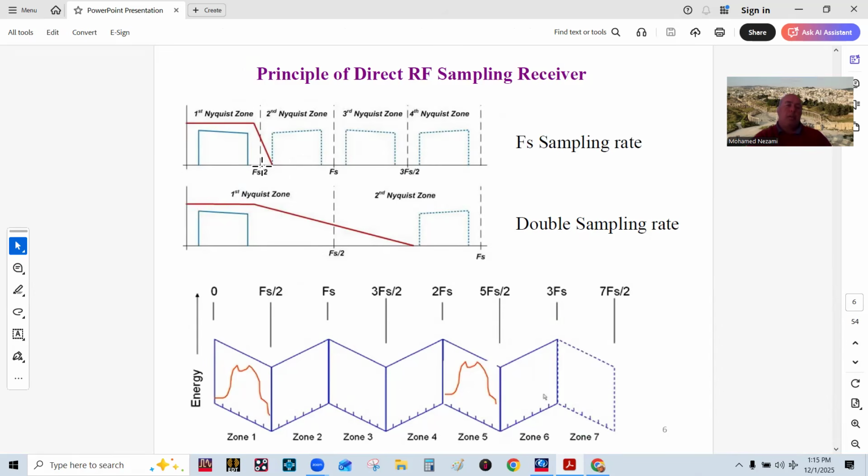Or likewise, you can say that you're sampling at twice the highest frequency content of that passband. And that's what we have here.